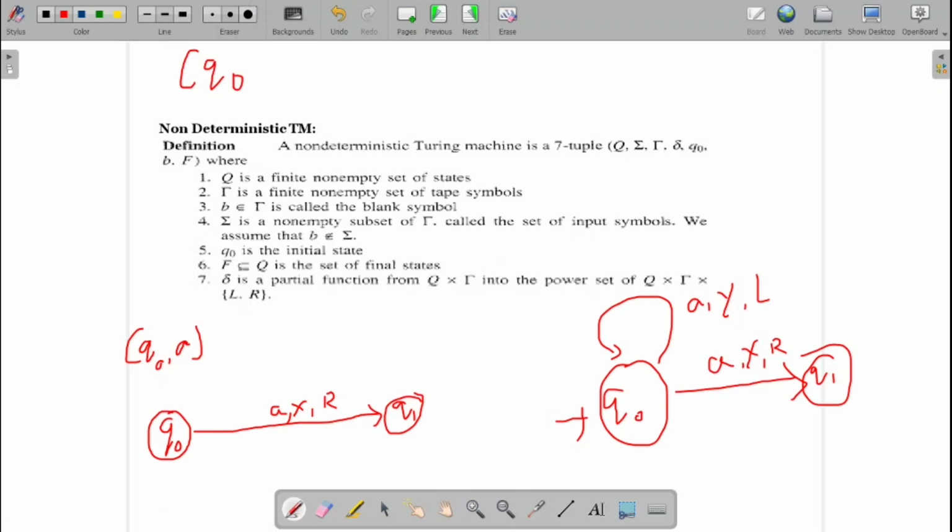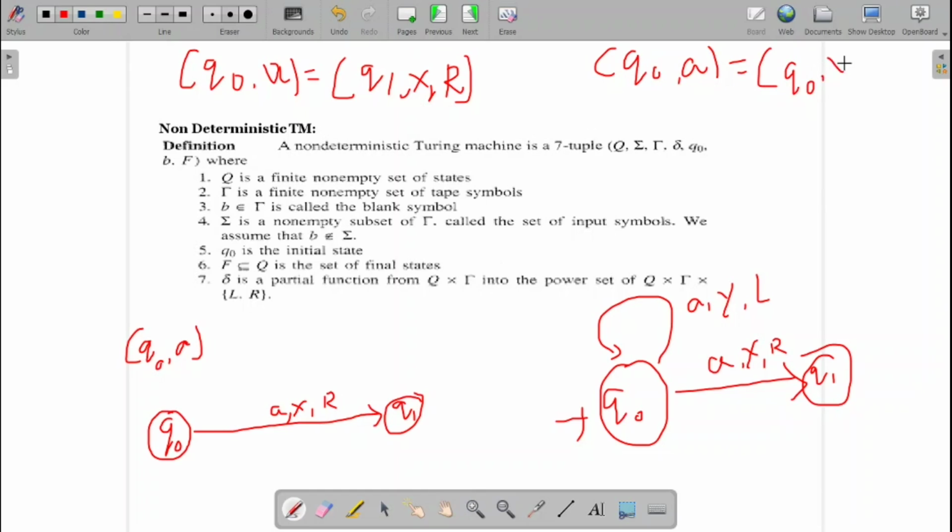Q naught on A, we go to Q1, A is replaced with X and the movement is right. So in this case I have two movements over here. What are the two movements? Q naught on A, the first movement will be Q naught itself, A replaced with Y and the left movement. Second one is Q1, A replaced with X and the right movement.